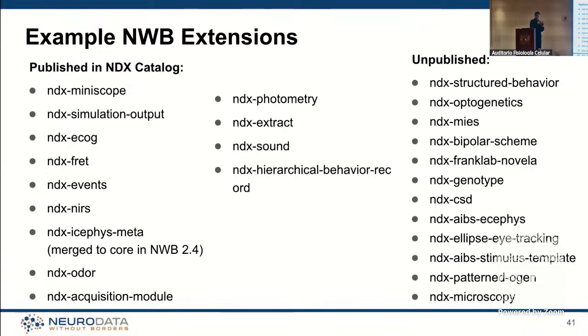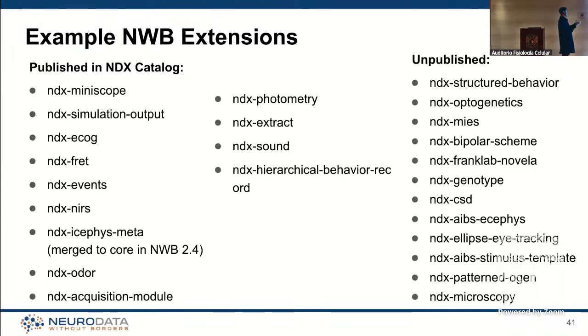So they have an extension to represent both the imaging data that they do and also the subject. I've recently been told that the subject information that we have in general NWB doesn't apply very well to C. elegans. I think those specs didn't make sense for them. So they needed new data types to cover that.